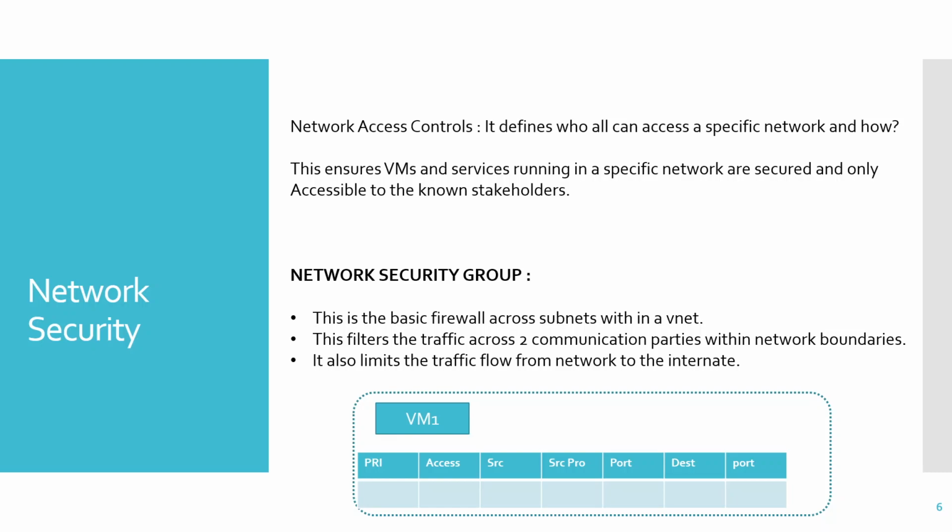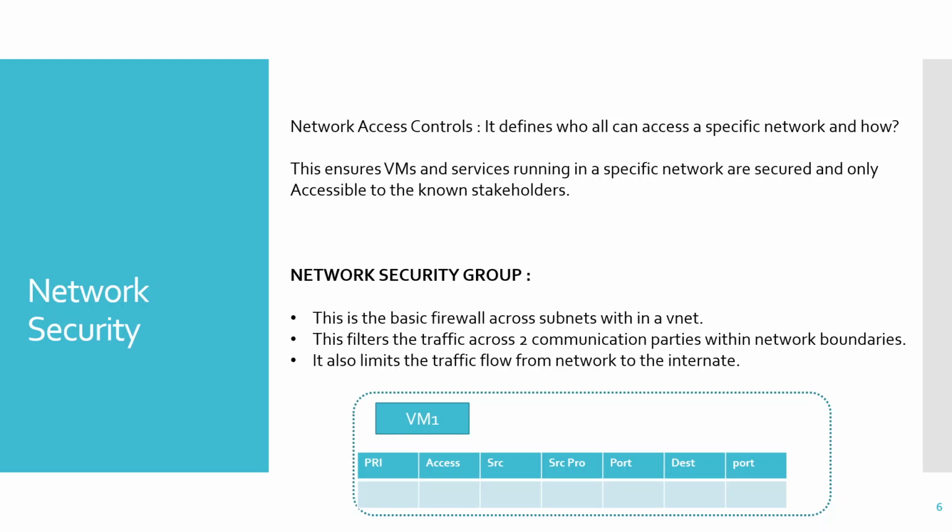So what is network access control? It defines who can access a specific network and how they can access. This ensures VMs and services running in a specific network are secured and only accessible to known stakeholders.